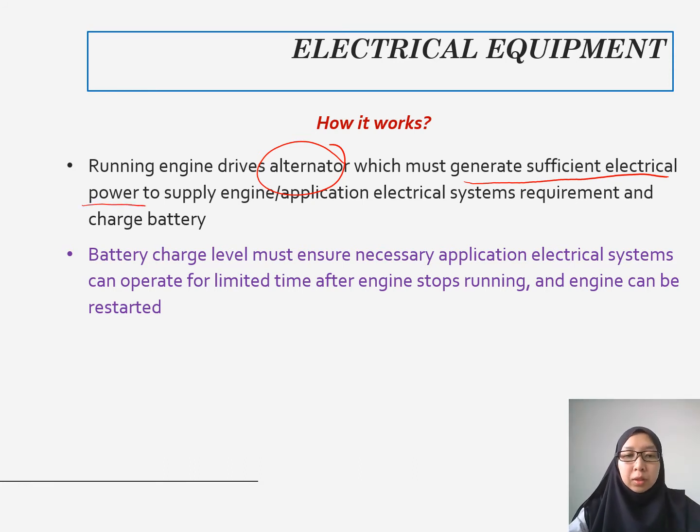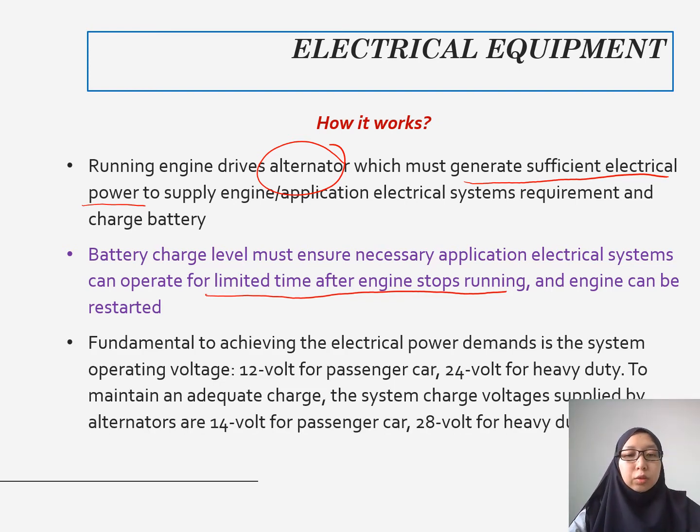The battery is important as well. The battery charge level must be at an optimum level to ensure that some of these electrical systems can operate for a limited time after the engine stops running, and also for the engine to be restarted again.